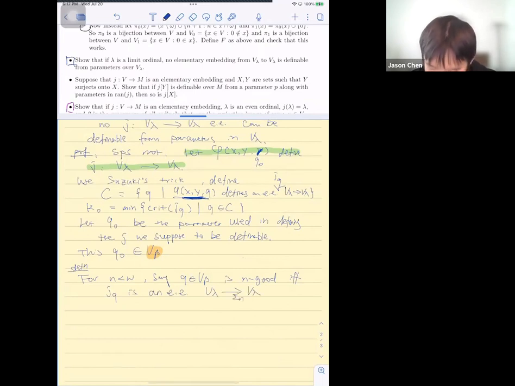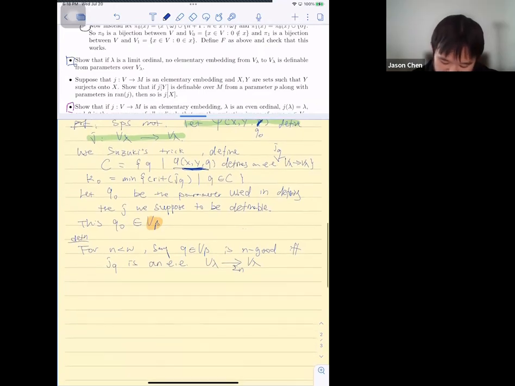It's only sigma n elementary, so partially elementary. If you're n-good, then you define an elementary embedding that's only elementary with respect to sigma n formulas.